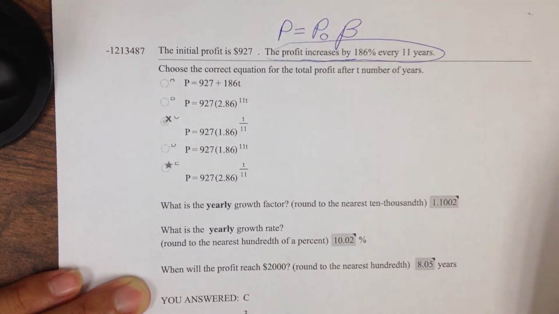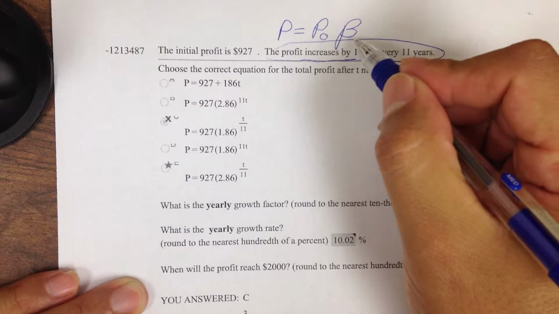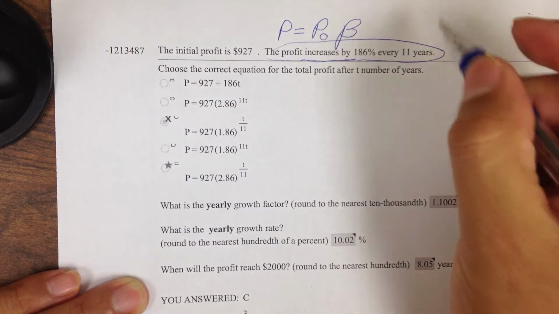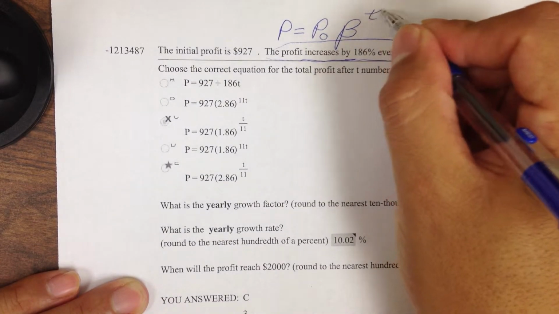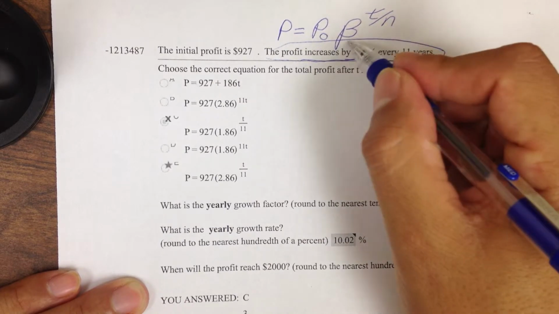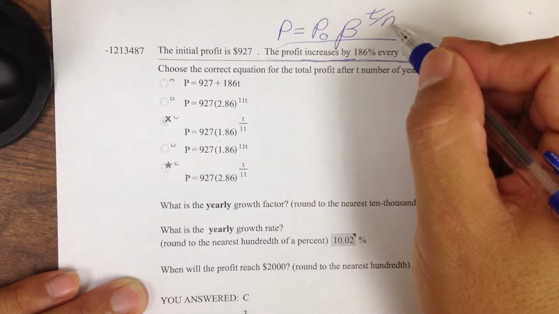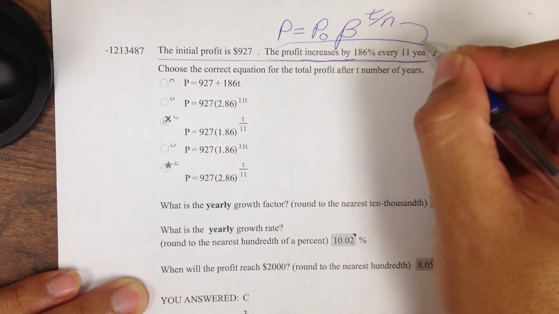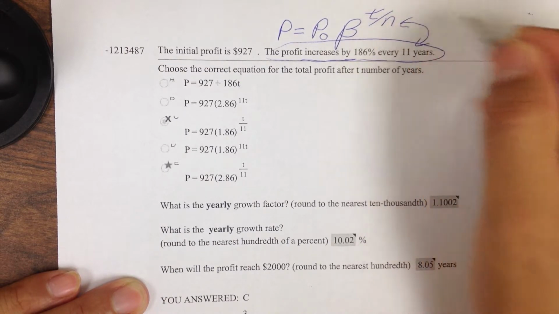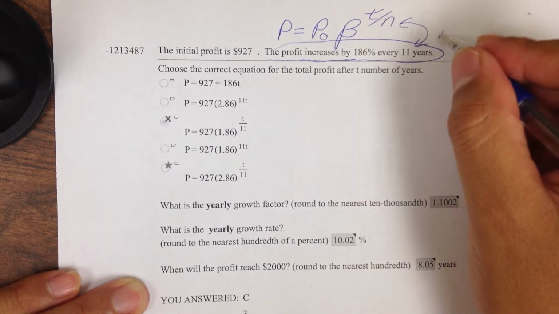This is different than B because this is not my factor, this is my relative factor, beta, t to the n, where beta occurs every n years. In this case, we know that beta is going to occur not every year, but every 11 years.